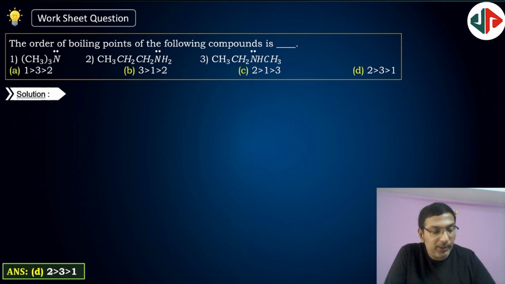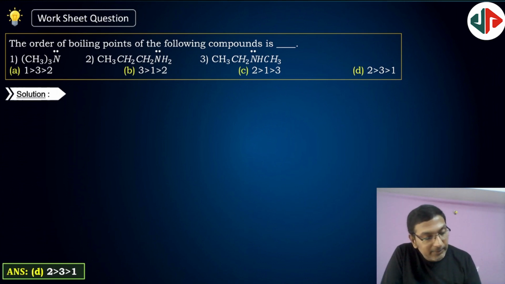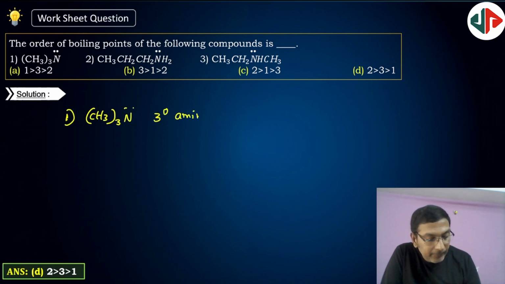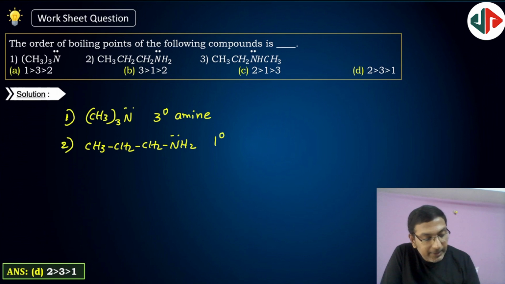The order of boiling points of the following compounds. So here the first one, tertiary amine, CH3 thrice N. Next, CH3 CH2 CH2 NH2, which is primary amine.